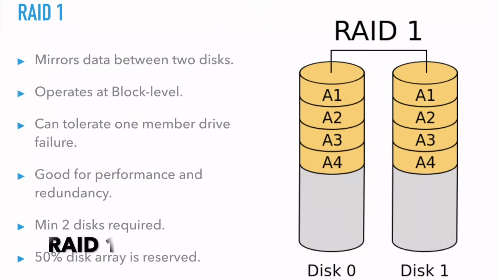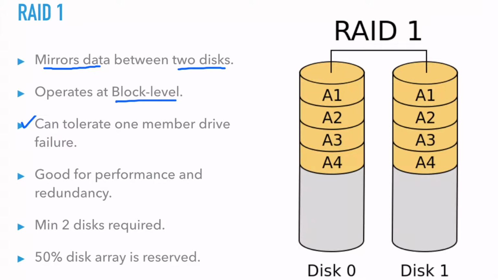RAID 1 is aimed at mirroring data. It mirrors data between two disks. It operates at block level again. It can tolerate up to one member drive failure because data is now being copied onto multiple disks.